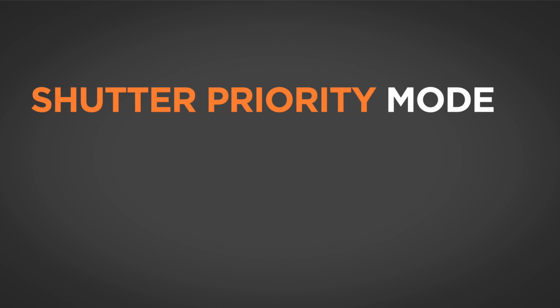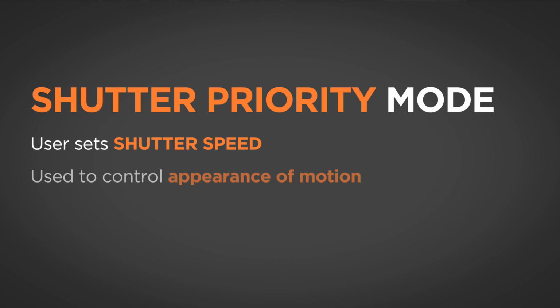Next up is shutter priority mode, and this mode is what you would use if you want to set the shutter speed because it's important for you to control the appearance of motion. If you want to freeze motion by setting a very fast shutter speed, you would use this.